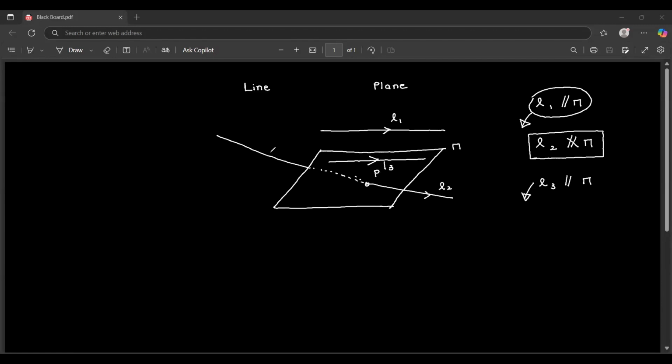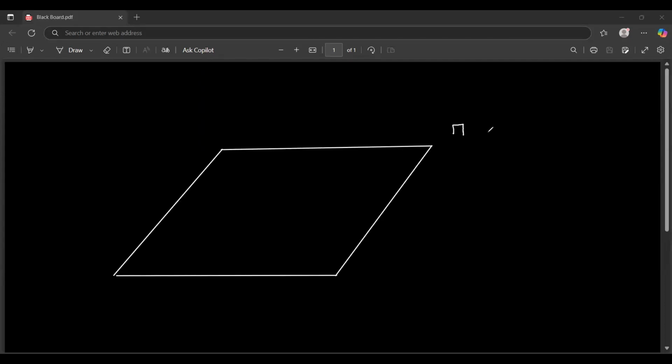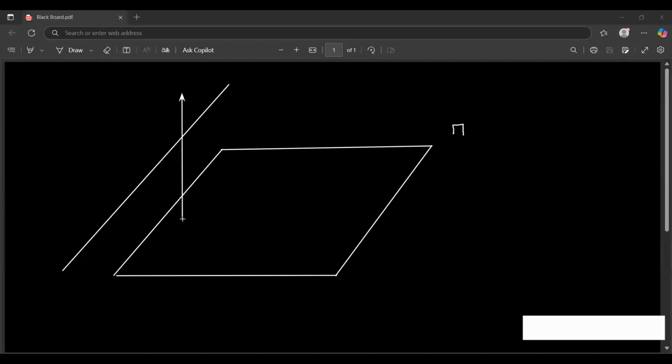But first of all, let's focus on if a line is parallel to the plane, how can we find that? If a line is parallel to the given plane, the idea is that the normal vector to the given plane will also be normal to the given line.